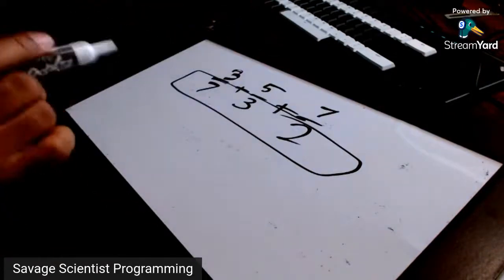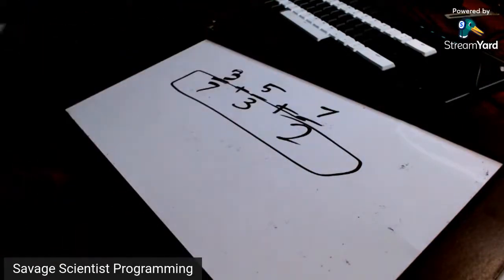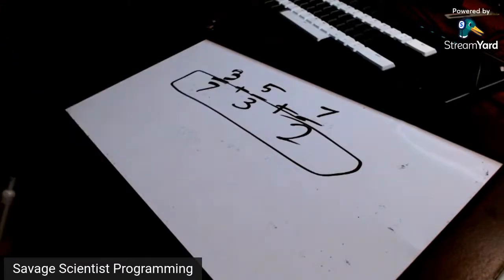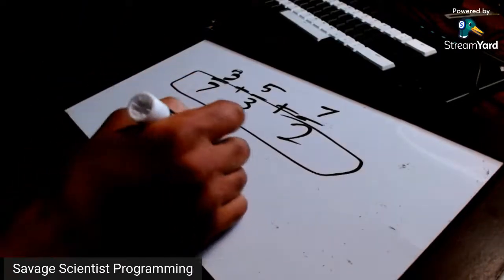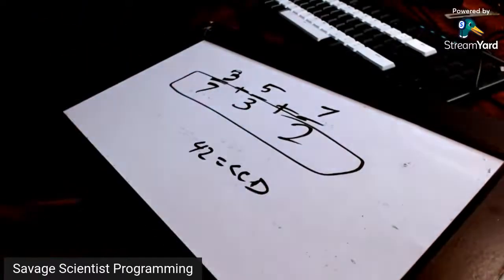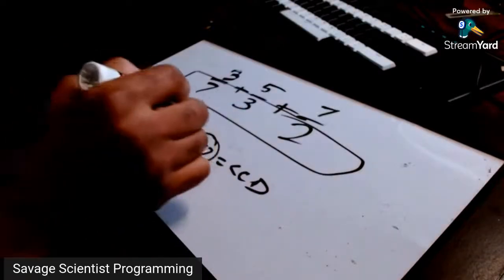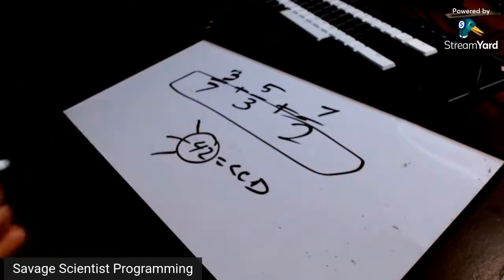This is a little difficult one. So I could take 7 times 3, 21, multiply that by 2, 21 times 2, that's gonna give us 42 equals LCD. And that number could be divided by all three of these values.